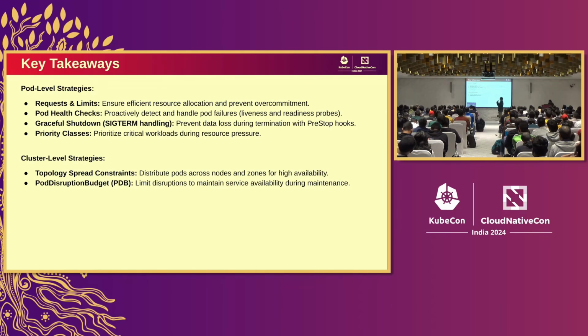One being TopologySpreadConstraints, where you can distribute pods among all the zones. And last one being pod disruption budget. Always make sure you limit your disruptions. So when you are having a voluntary disruption, the pods are always available, so you don't face any application downtime.